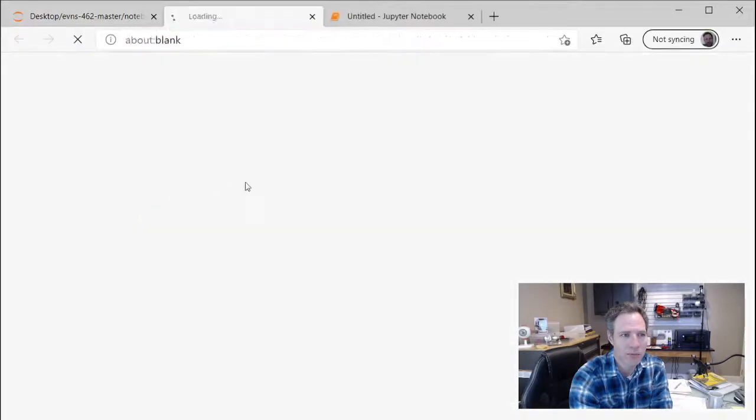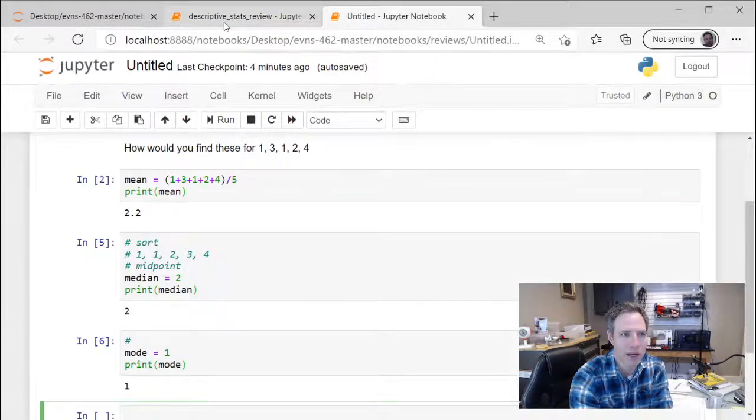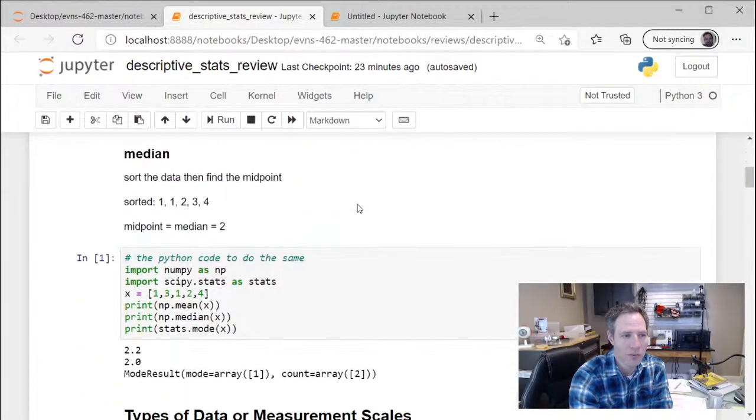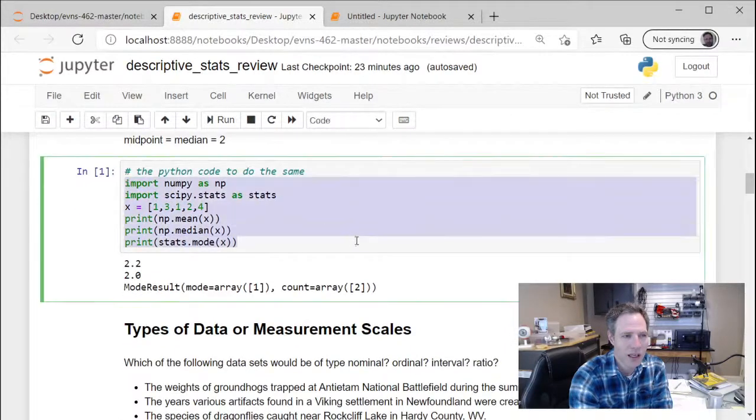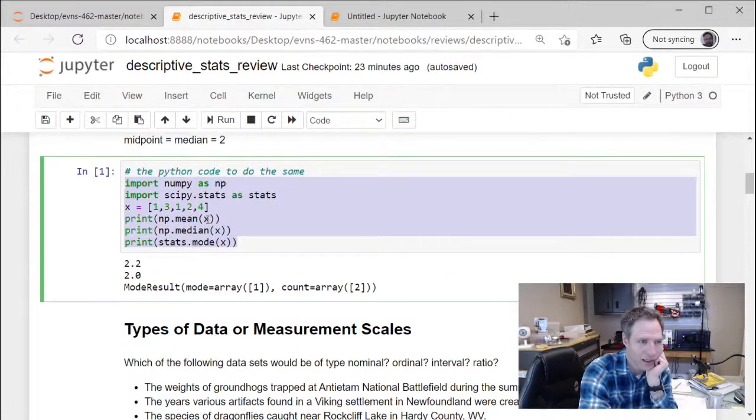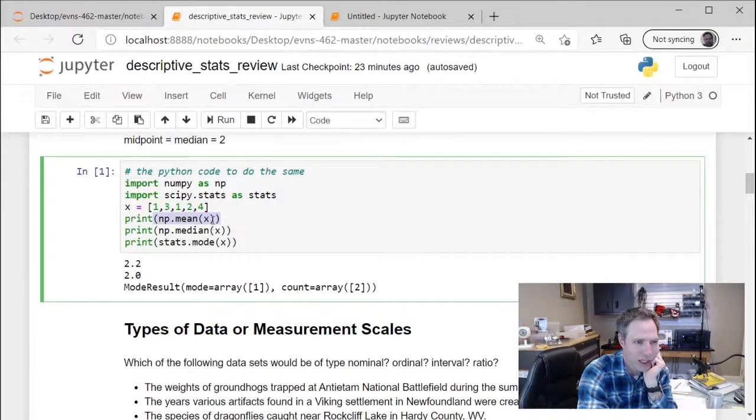All right, now of course in Python, let's open this up. We can skip back and forth. Of course in Python, you don't actually do these things longhand. You're going to use built-in functions. So you can find the mean, median, and mode of a data set using built-in Python functions.